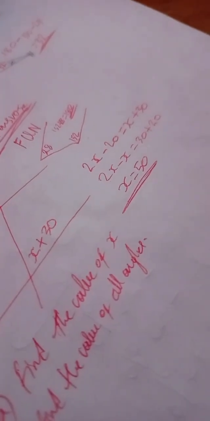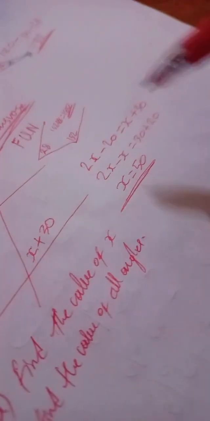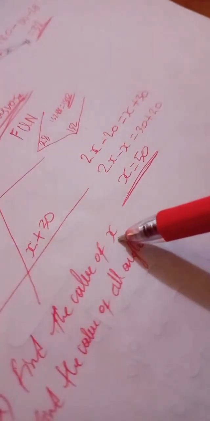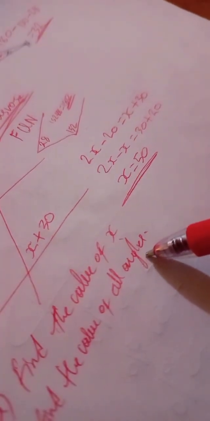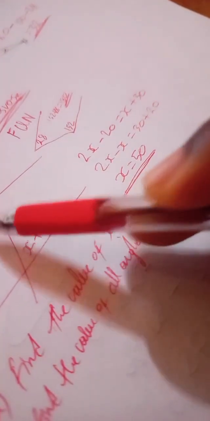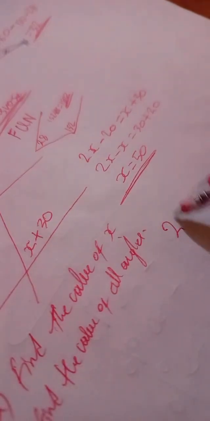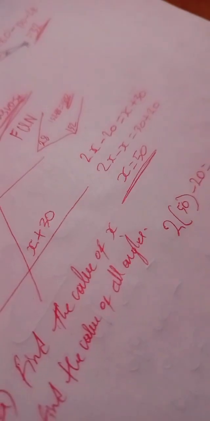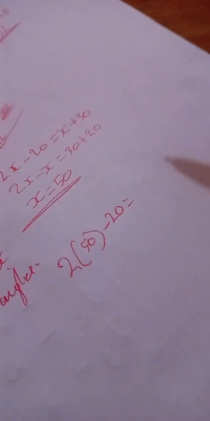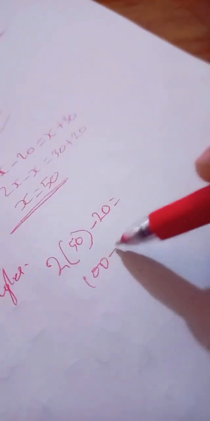And then when we do our calculations, this is the x we have, 50, right? Find the value of all angles. So this and this will be 2 open bracket 50 close bracket minus 20, so it will be 100 minus 20, which is 80.